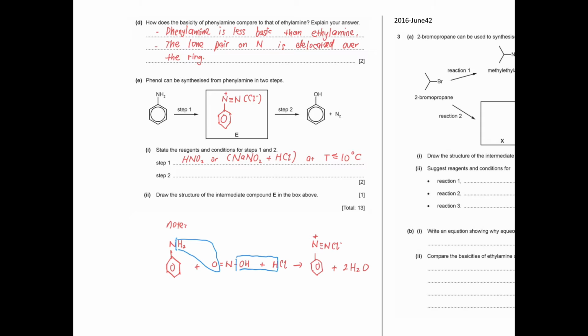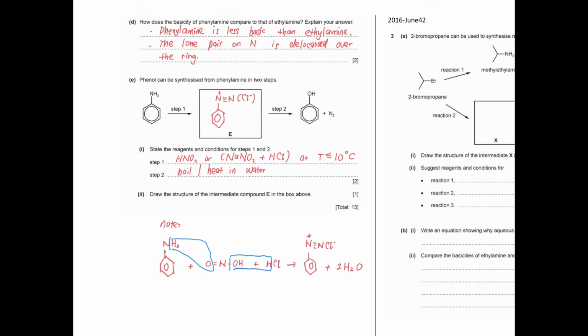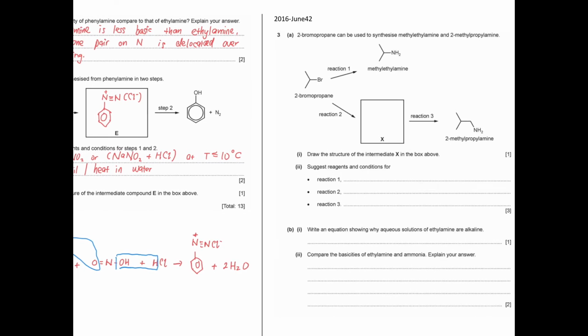If you don't maintain the 5 degrees Celsius, then it will change to phenol and nitrogen gas. So what we can do here is boil or heat in water. Then the benzene diazonium chloride will become phenol. Okay, so let's go through a little bit more.